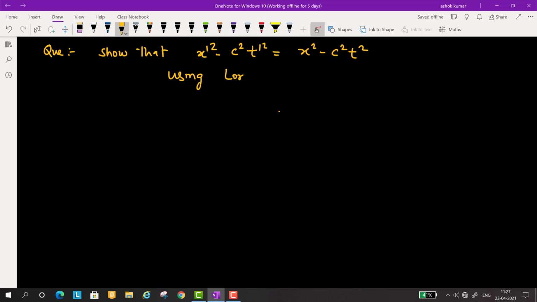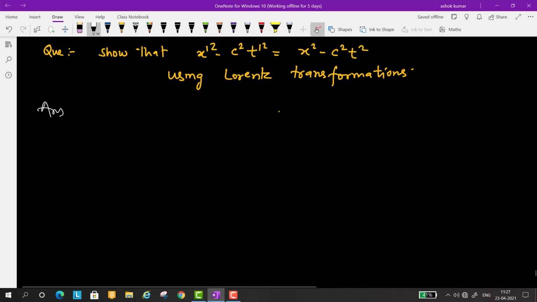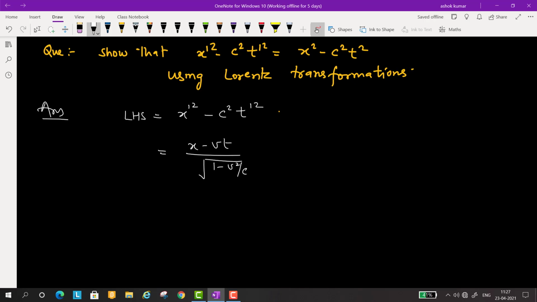Next part is show that x square minus c square t square is equal to x dash square minus c square t dash square, using Lorentz transformations. Left hand side is x dash square minus c square t dash square. So x dash is x minus vt over the square root of 1 minus v square upon c square, and t dash is t minus vx upon c square over the square root of 1 minus v square upon c square.